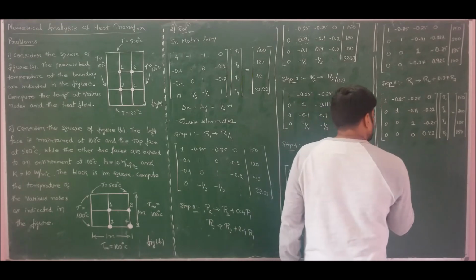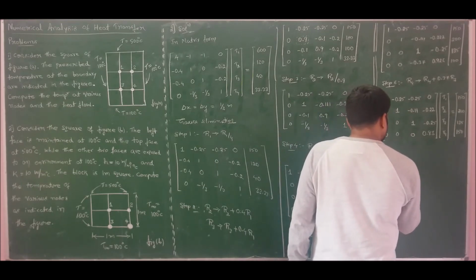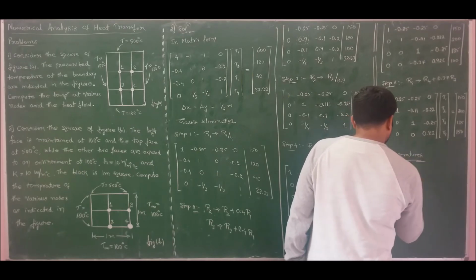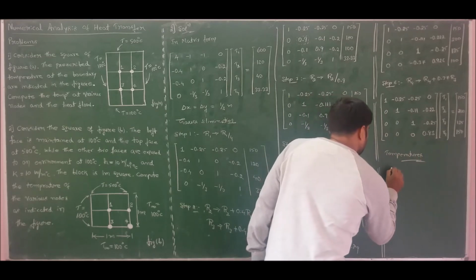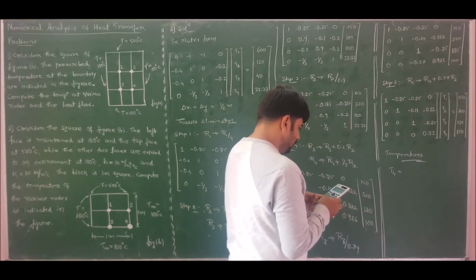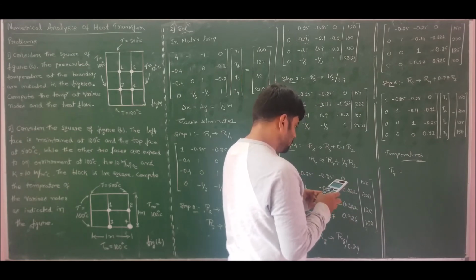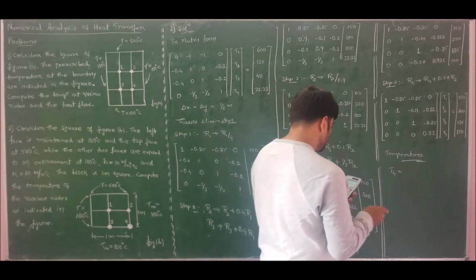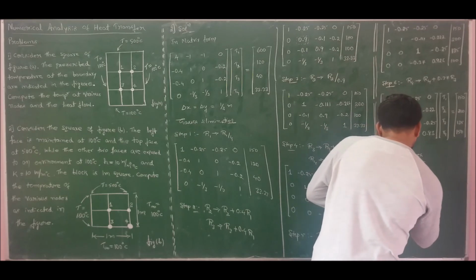So therefore, I will get the value of temperature as, from the final equation, T4 as 150 by 0.83, which is 180.72.